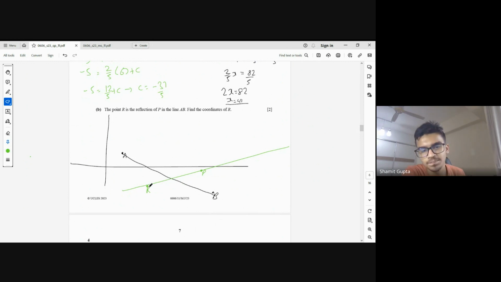I have an idea. How about we find this point? Let's call this D. But it's 2 marks. Is there a trick for this? I know how to find R, but this is 2 marks, so I'm just thinking of a shortcut.